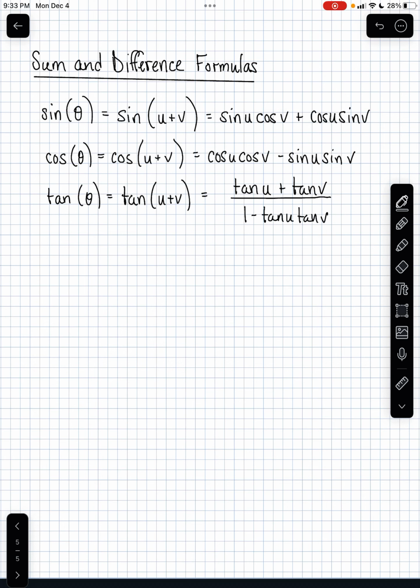Now, we're not going to go through the proofs of these formulas. They do exist. But at this level, I think to go through those proofs is probably just going to lead to more confusion than is necessary.